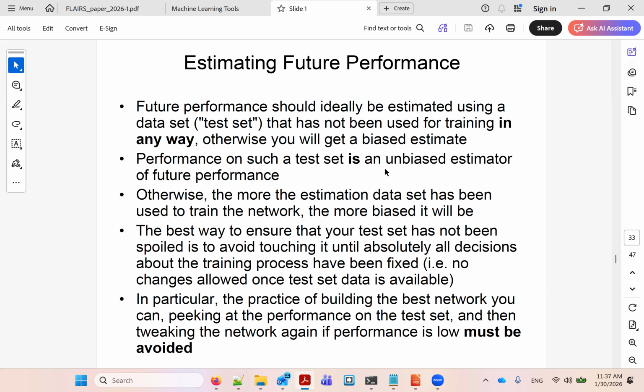What's suggested here is, if you're required to go back to your sponsor and tell them how well the system is likely to perform on the world of data that they care about, which you should be required to do, then you really need to put away some of that precious data right on day one, never look at it, leave it on the side until you're completely done building your neural network, training it the best you know how, and only as the last thing you do before the system goes out the door, open that held out data and measure performance on it.